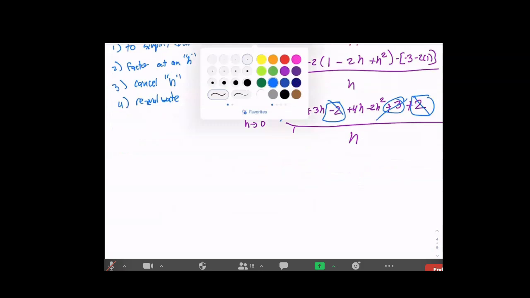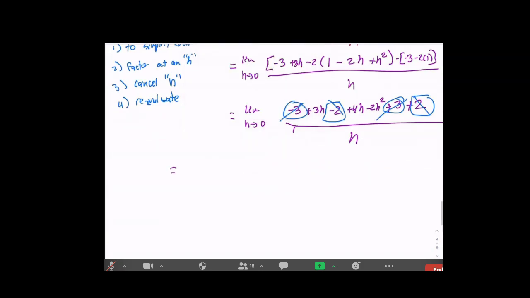So now I have the limit as h approaches 0 of 3h plus 4h, that's 7h minus 2h squared, over h. We now need to factor out an h. Limit as h approaches 0 of h times (7 minus 2h) all over h.